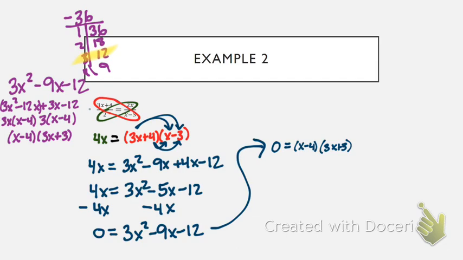Now, remember, don't get lost in all this work that we're doing. We're trying to figure out what x values make this equation true. So now we need to figure out what values of x make each of these two factors equal to 0. We take both of these factors individually and set them equal to 0.